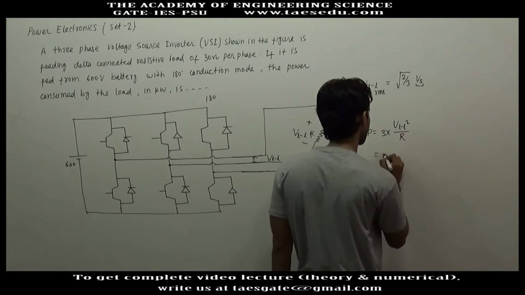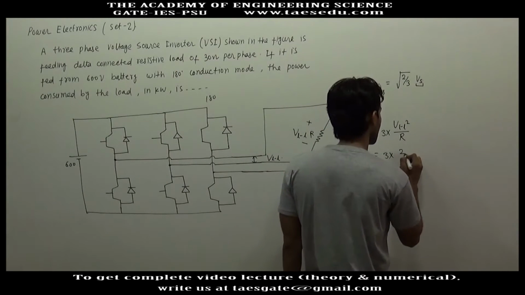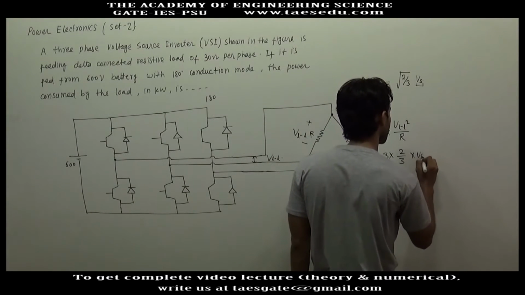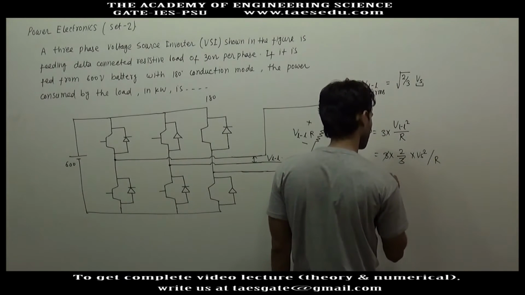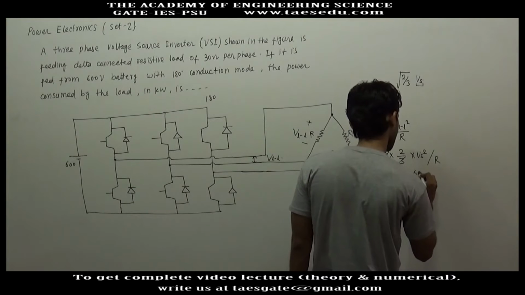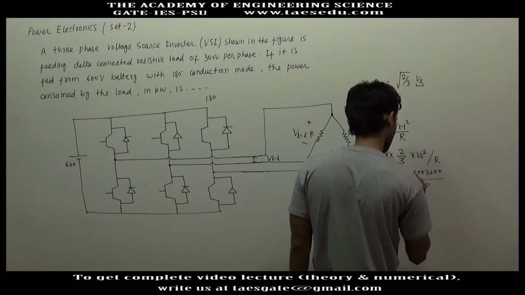So this will be 3 into square of this 2 by 3 into Vs square divided by R, 2 into 600 into 600 divided by 20.